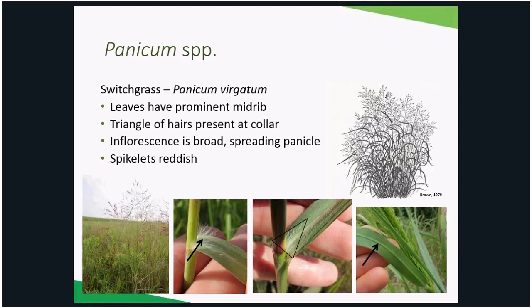Again, this is the grass that we showed earlier that has those open panicles, and those spikelets are a reddish color as well, so that's another clue that it's switchgrass if you're not able to see those hairs. Because unfortunately over time, as the season progresses, a lot of grasses will lose some of their hairiness. So again, that's a very good clue early in the season, but if it is flowering and you can use that panicle as a clue, that's going to, again, help back you up even if you don't see that triangle of hairs.